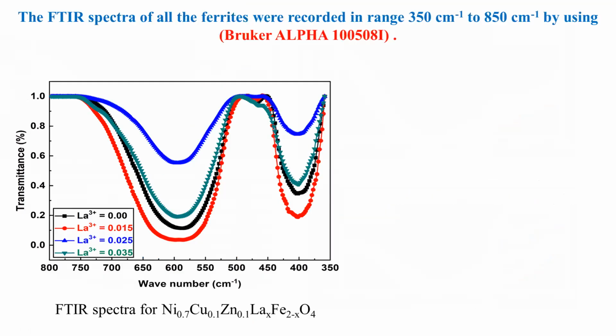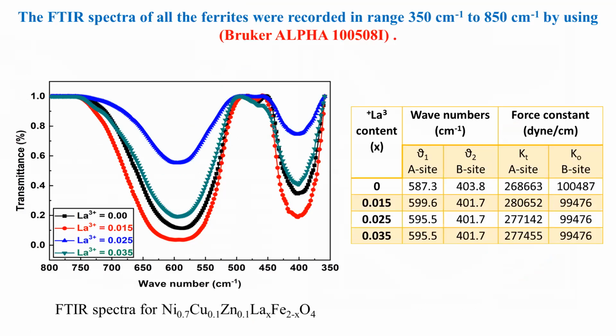This is the FTIR spectra of lanthanum substituted NiCd ferrites. Here again we get two main absorption bands near about 400 and 600 per centimeter, which also indicates good formation of ferrite by the oxalate co-precipitation method.